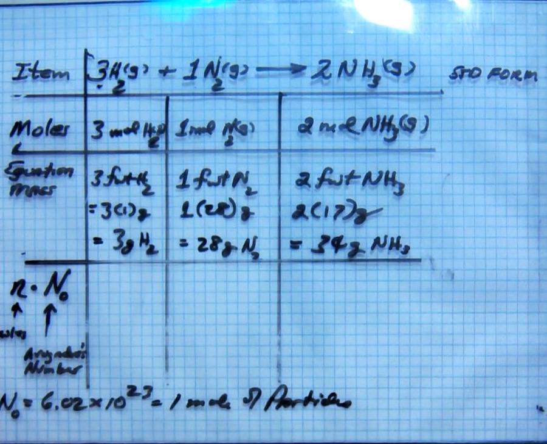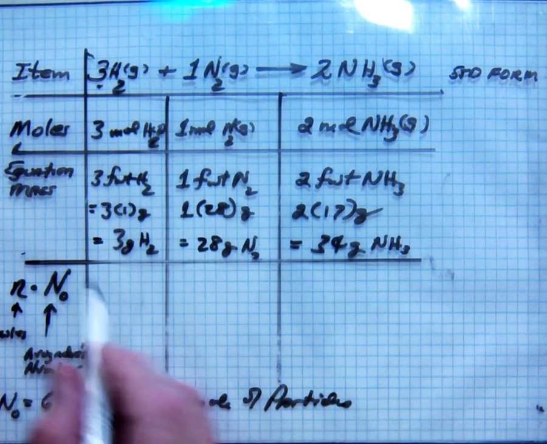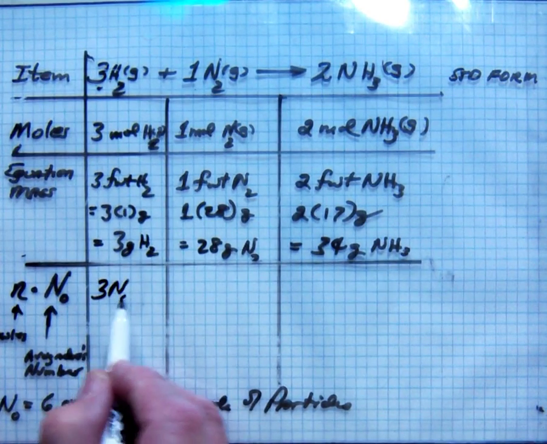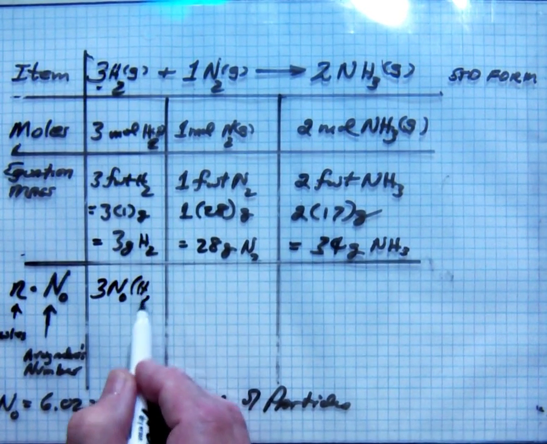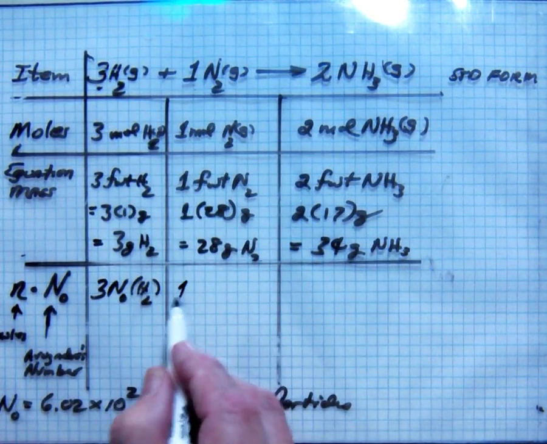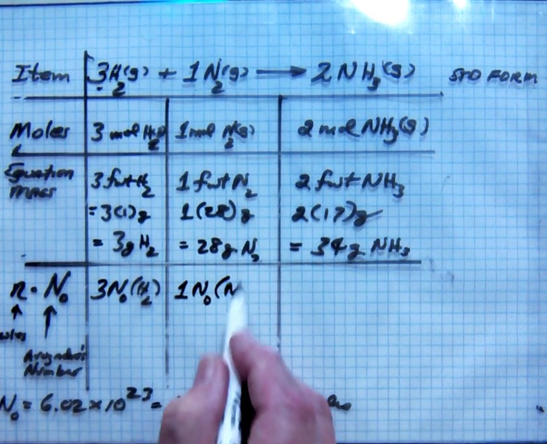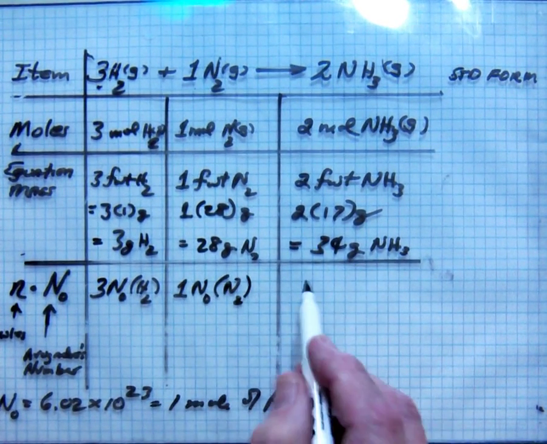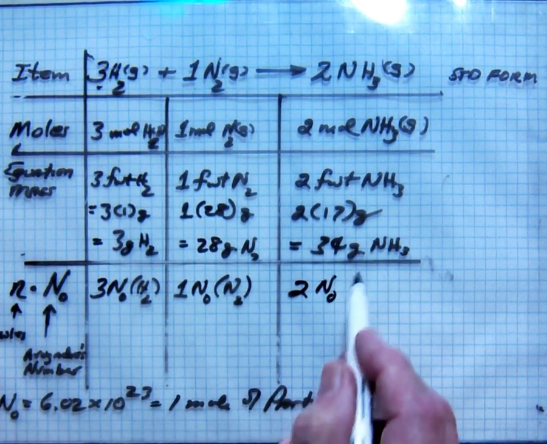Okay? So if I have a coefficient of 3, I have 3 Avogadro's numbers of hydrogen, 1 Avogadro's number of nitrogen, and 2 Avogadro's numbers of ammonia.